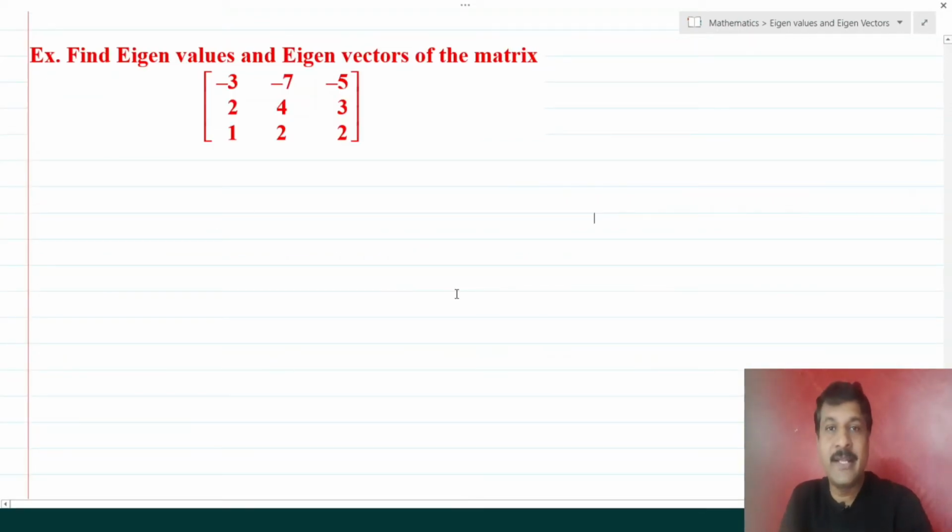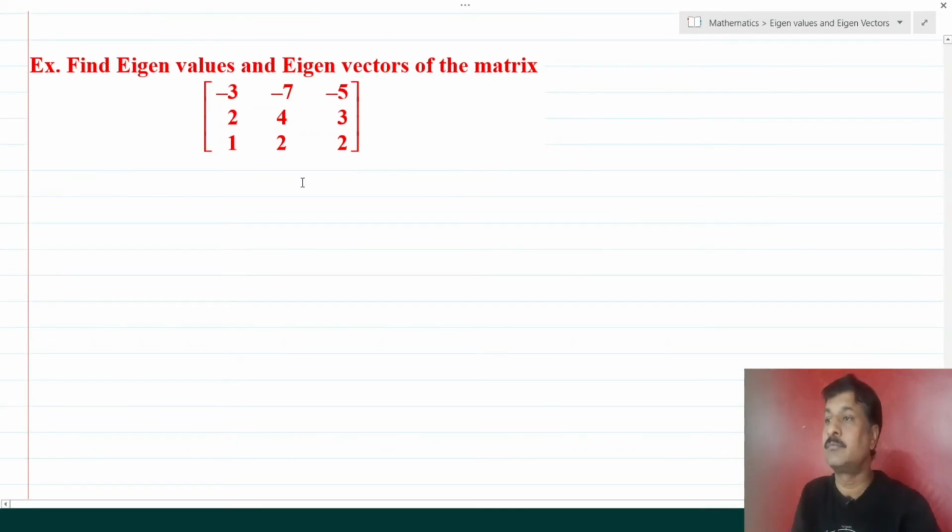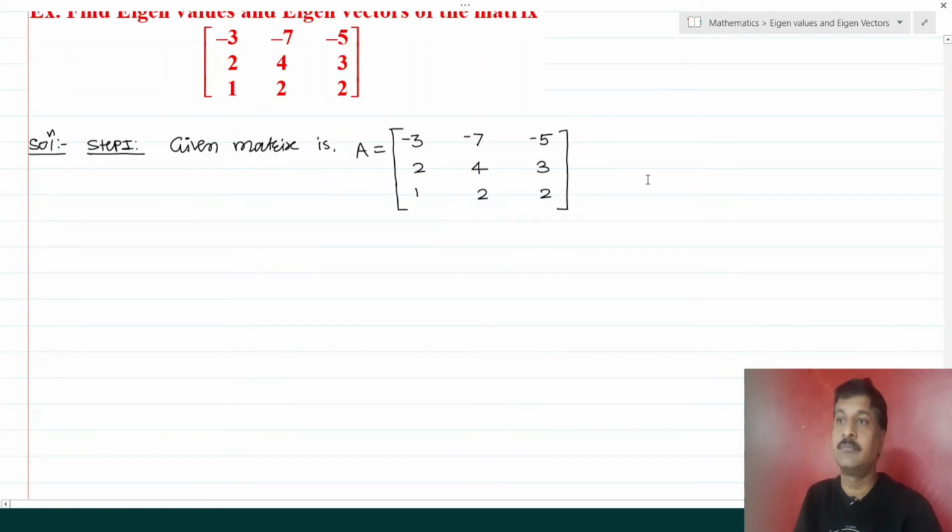So consider the next example. Find the eigenvalues and eigenvectors of the matrix minus 3, minus 7, minus 5, 2, 4, 3, 1, 2, 2. So the solution: the given matrix, you denote by A. So matrix A equal to minus 3, minus 7, minus 5, 2, 4, 3, 1, 2, 2.